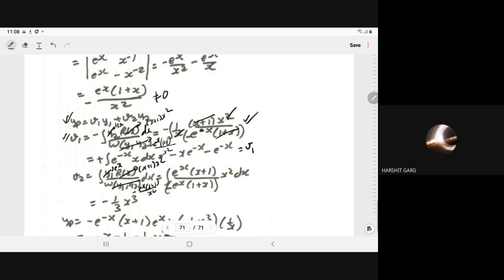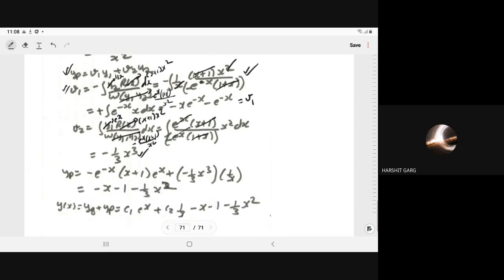So here 1 upon x, 1 plus x, 1 plus x cancel out, e to the power x cancels out. So here we have the minus of x square dx, and its integral is minus 1 by 3 x to the power 3.